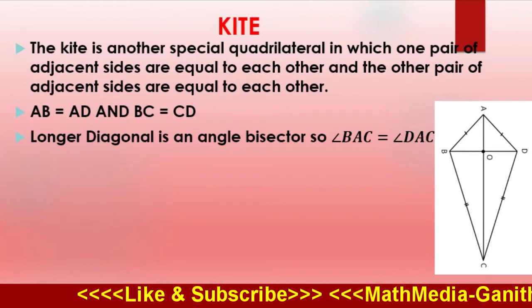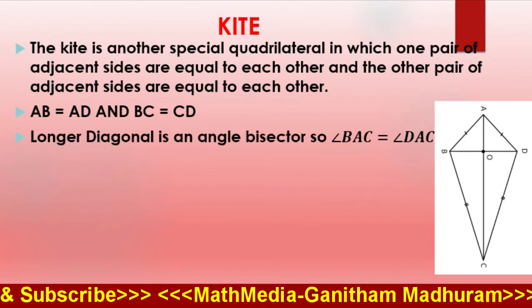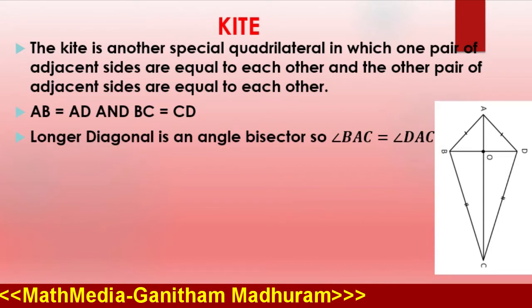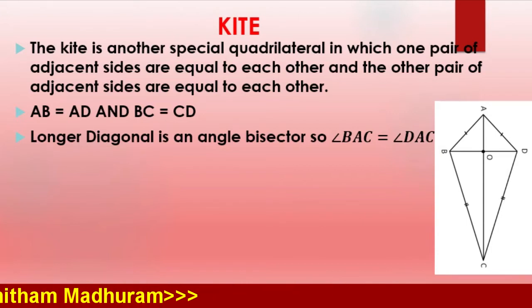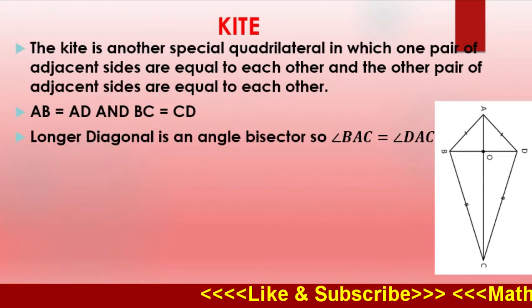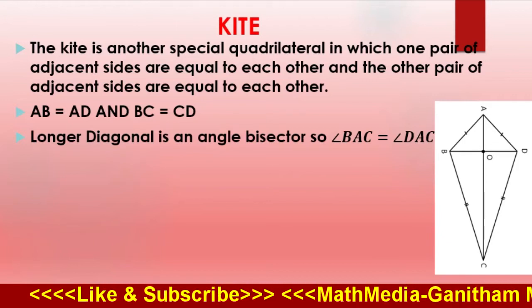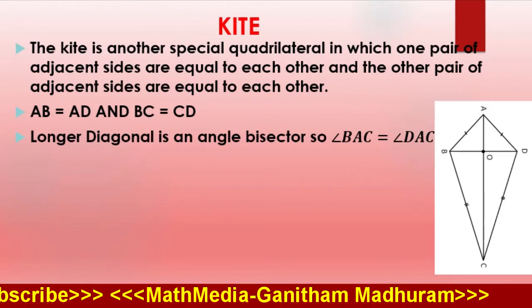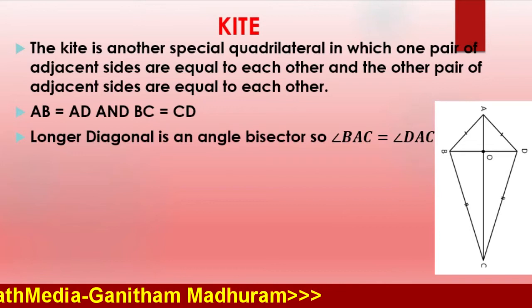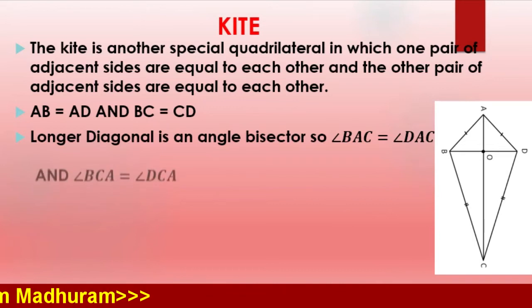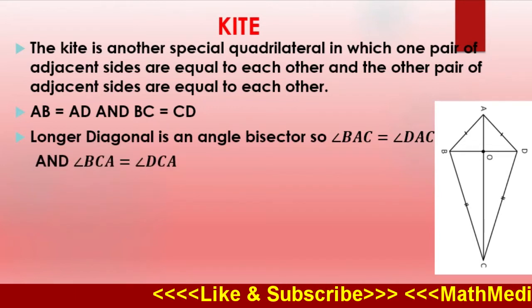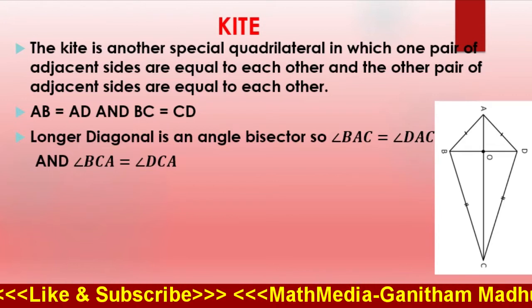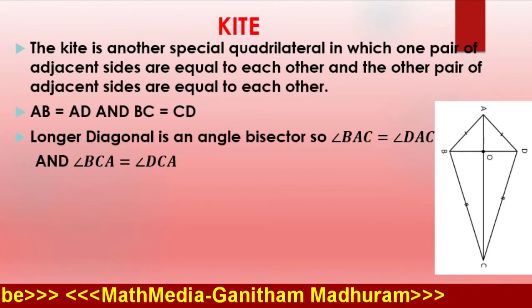Which angles are bisected by the longer diagonal? Yes, angle BAD and angle BCD are bisected by the longer diagonal. Hence, angle BAC equal to angle DAC and angle BCA equal to angle DCA.